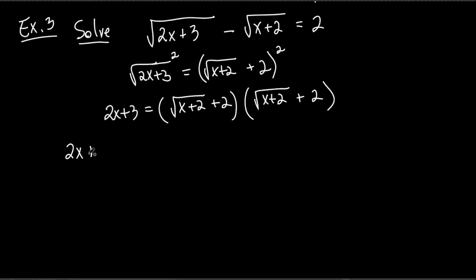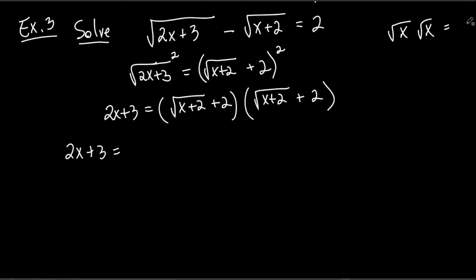We get 2x plus 3 equals. Now let's do the FOIL. First, outside, inside, last. So first, it's the square root of x plus 2 times the square root of x plus 2. For instance, watch. What if I just had the square root of x times the square root of x?